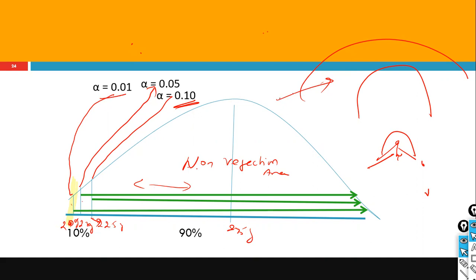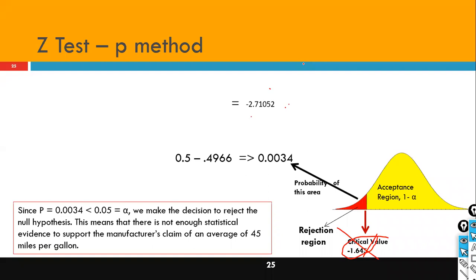Okay. Since the value is falling in the rejection region area because the alpha value is very less, you are rejecting the null hypothesis, whereas you are not supposed to reject it. If it is a true null hypothesis, you are not supposed to reject it, right? So you can watch my video one more time, because certain things you cannot understand in one go.